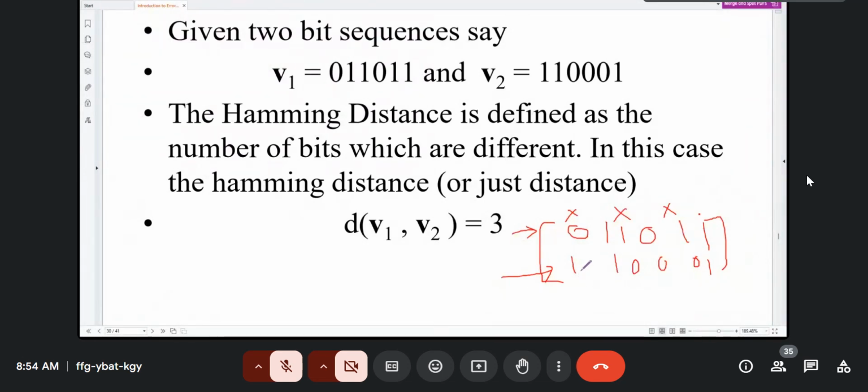It means you change this to be 1, this to be 0, and this to be 0. So you have to change 3 bits to create this vector.